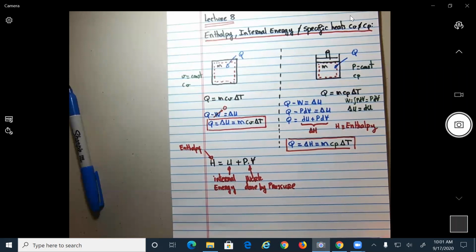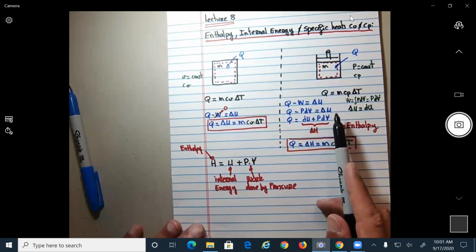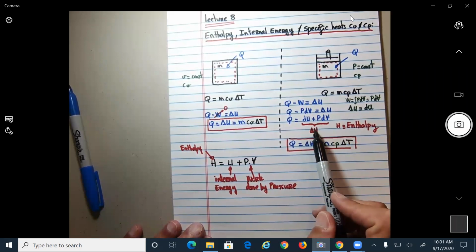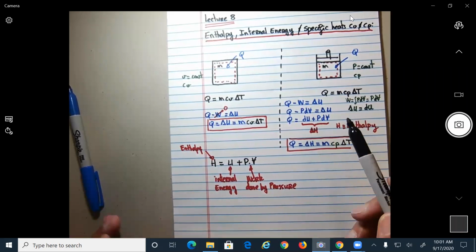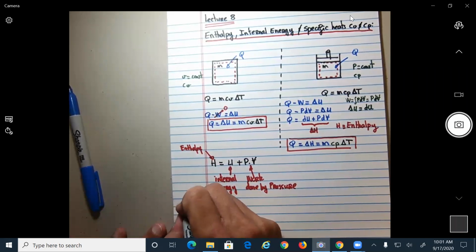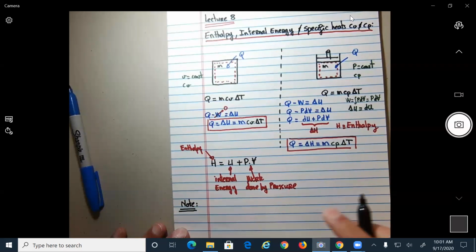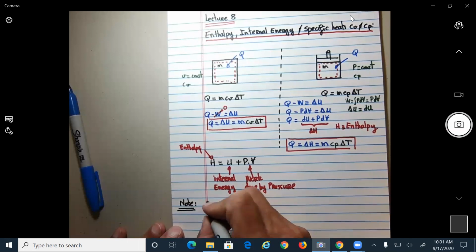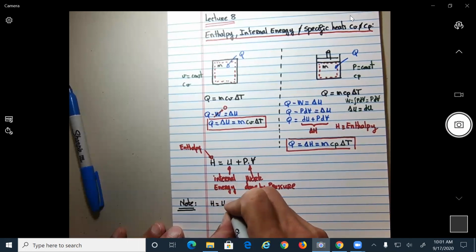Okay, one thing I'm going to do in a little detail, because maybe you are asking your question, how can I go from here to here? So maybe let me just do that in detail. This is not that important, but I want to do it because I don't use the textbook much. So let's say you have H equal to U plus PV. So what would be dH?